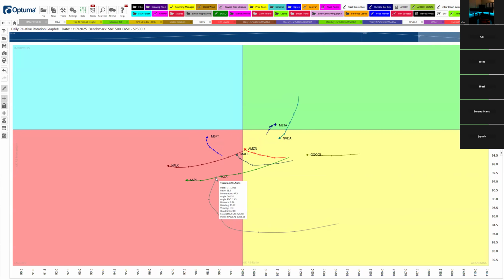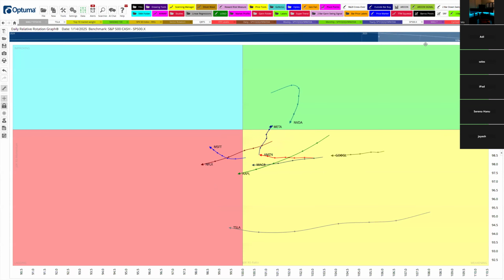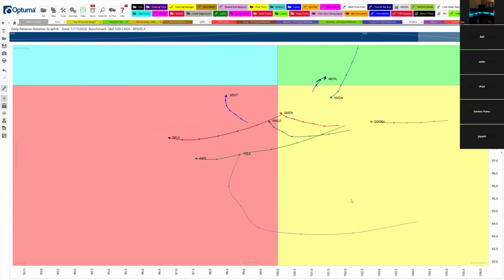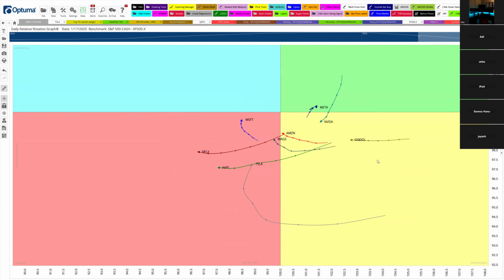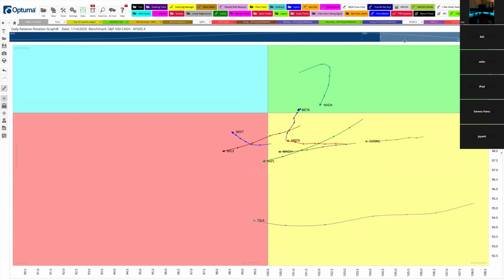I would definitely, but the thing is, I was really hoping that Tesla would go this way, but it's actually coming close to this. So Tesla might chop for a couple of days. We'll see. From here, it can make a move back up.